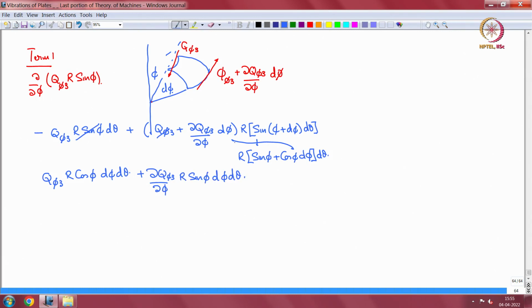This can be written as del by del phi of q phi 3 r sine phi into d phi d theta, which is what we have.